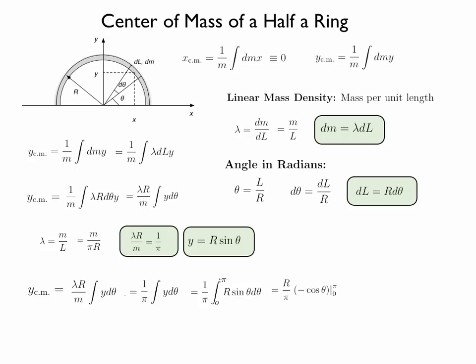The value of that integral is r over pi of minus cosine theta, evaluated at the two limits 0 and pi. The final value for the integral is r over pi times 2, and so the vertical position of the center of mass of a half a ring is 2r, the radius of the ring, over pi.